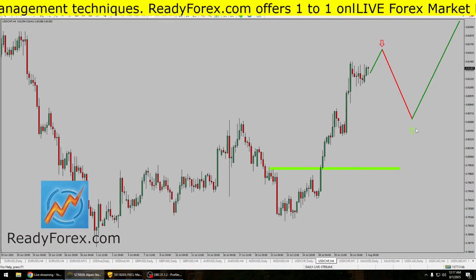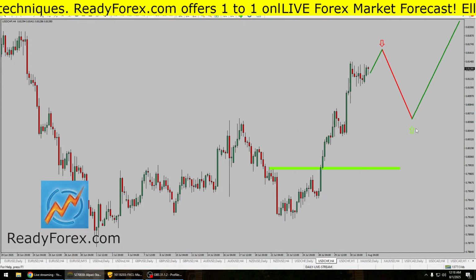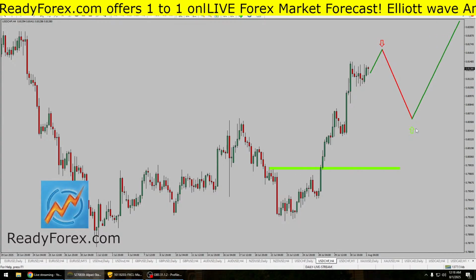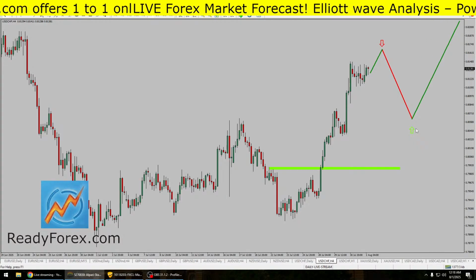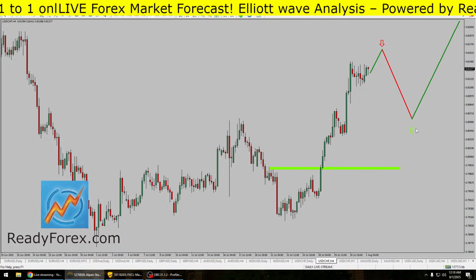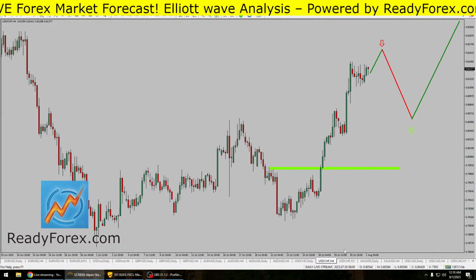Okay, so these are the two possible setups. I would say two possible trade setups that we have. One is a sell, second is a buy. But do not just jump into the market just because the Elliott Wave forecast says that it's going to print a top. Use your own day trading strategies.